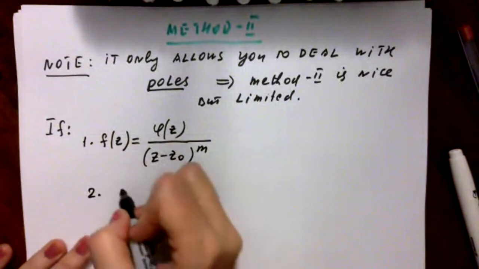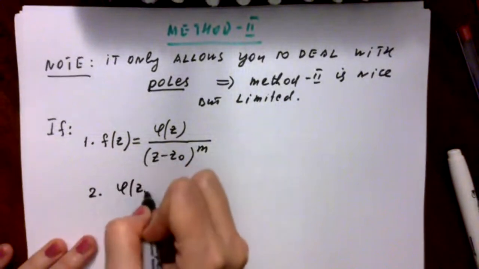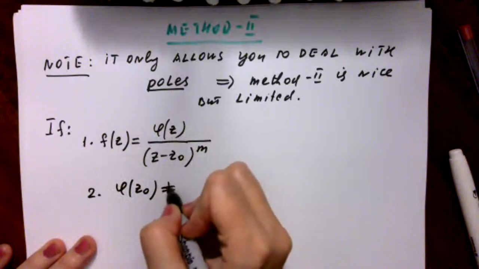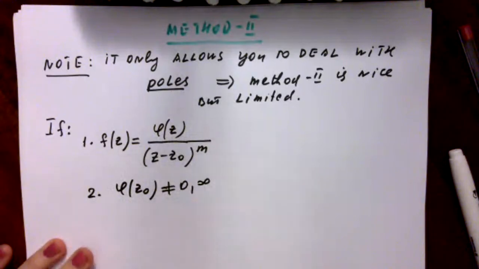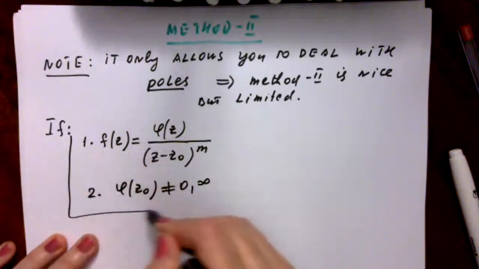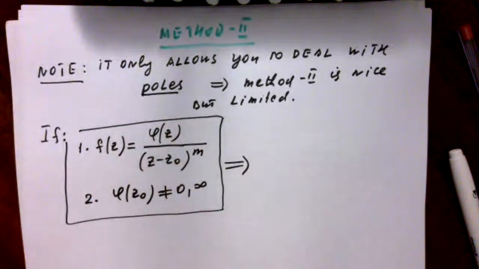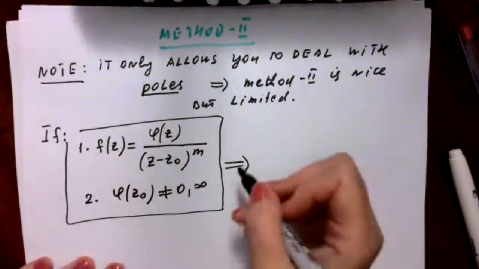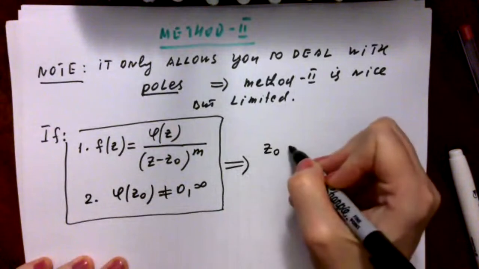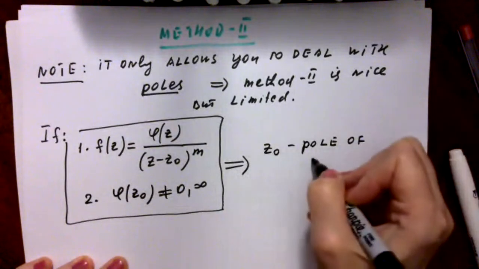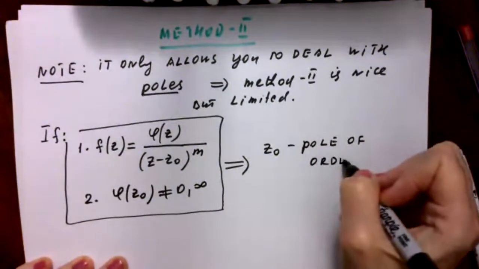And second, phi of z0, that is the numerator of this function, is neither equal to 0 nor infinity. If these two requirements are correct, then z0 is a pole of order m.